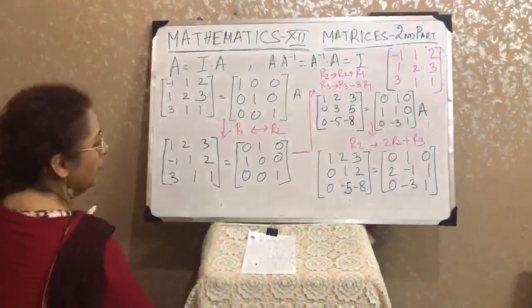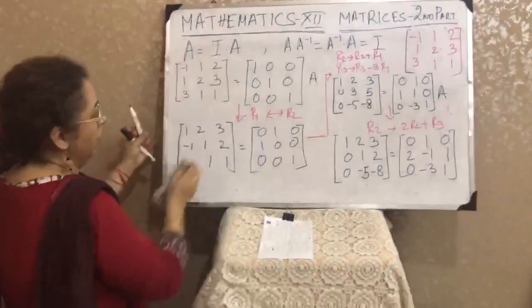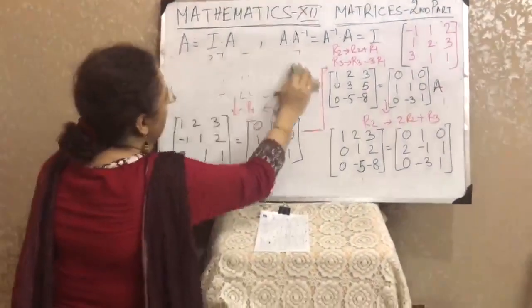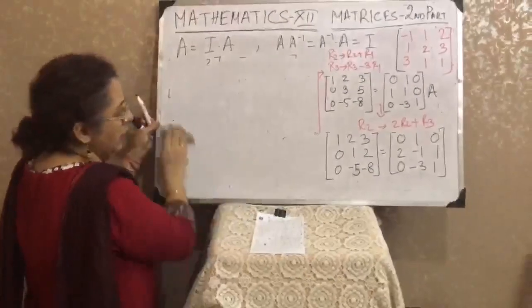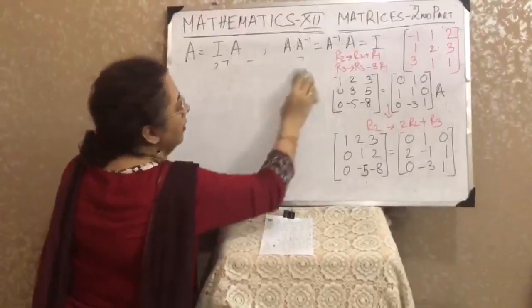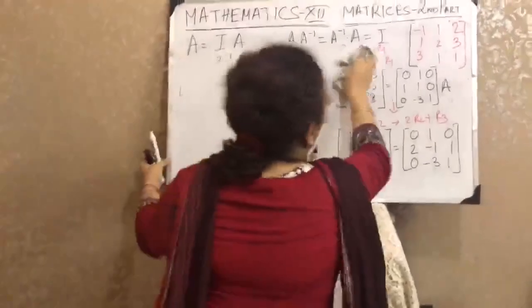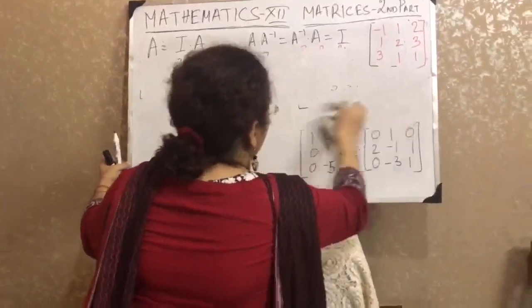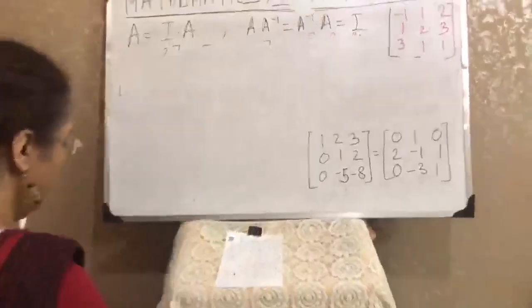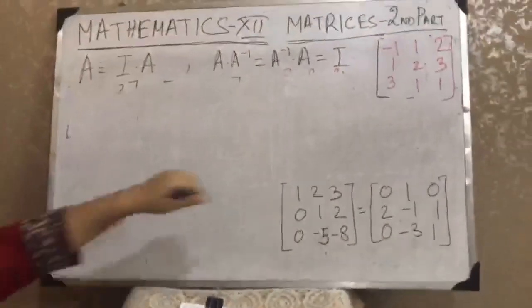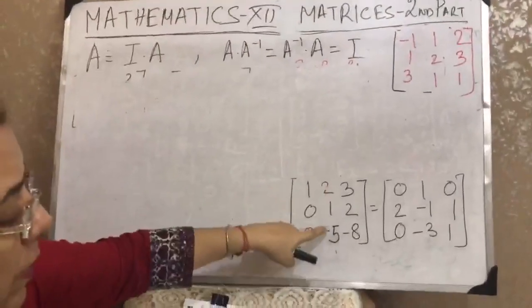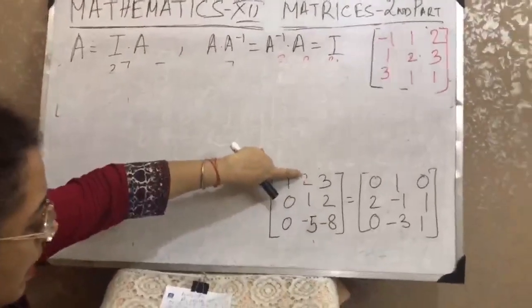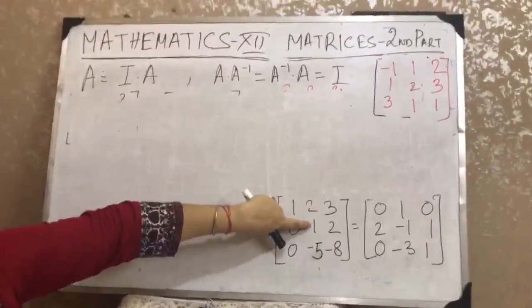Now, see we have done. After completion of this, we will have to make these two elements 0. How? This minus 2 into 1 will give me a 0.